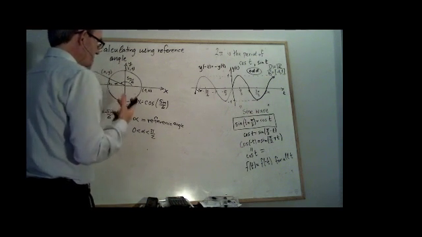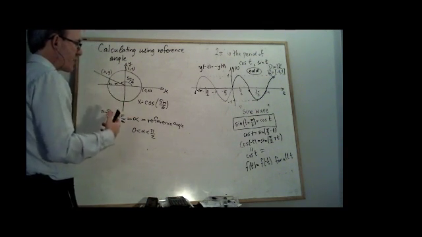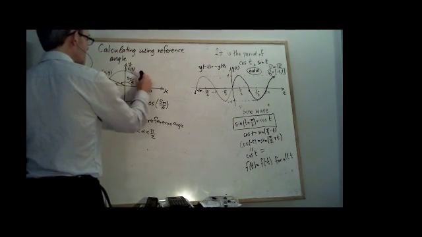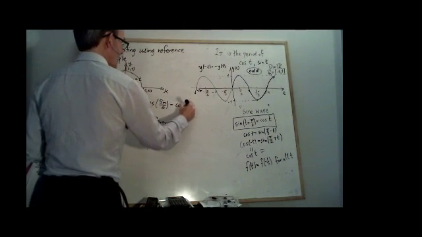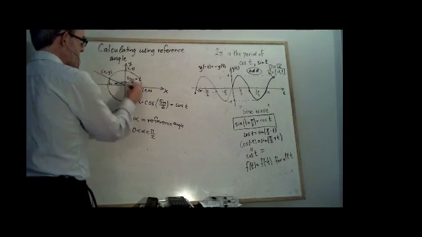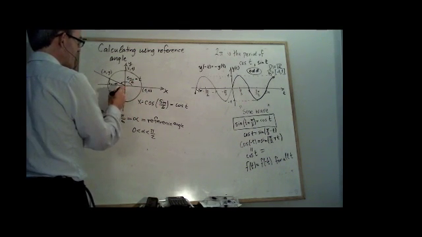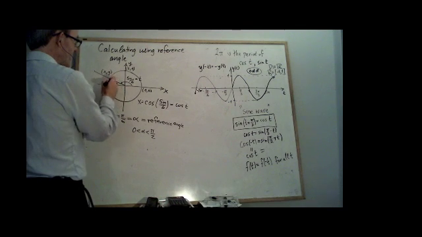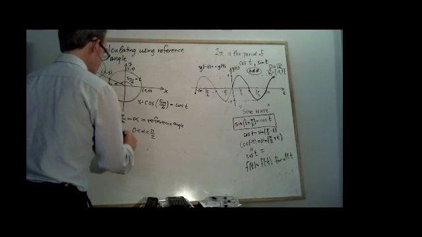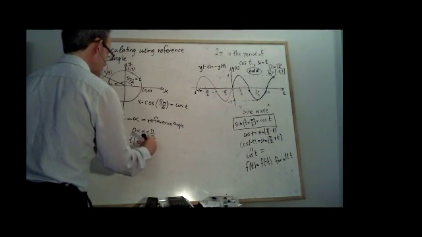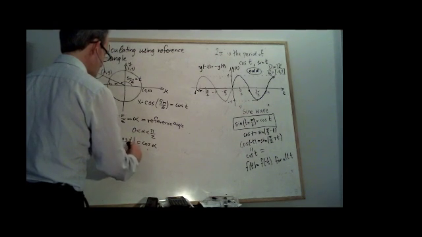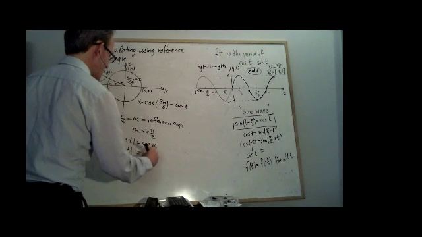Now the principle is that the cosine and sine of the angle t, in absolute value, are exactly the same as the cosine and sine of the reference angle. So let's repeat that: the absolute value of the cosine of t is the same as the cosine of the reference angle, and the absolute value of the sine of t is the same as the sine of the reference angle alpha.